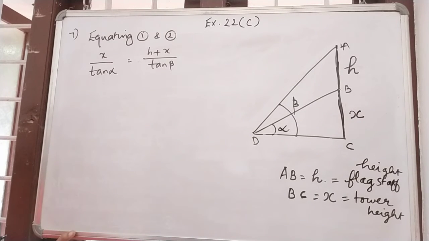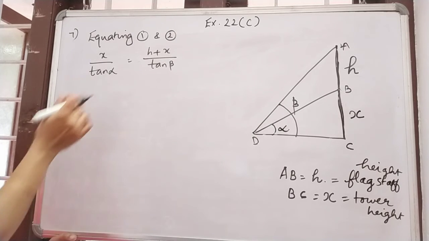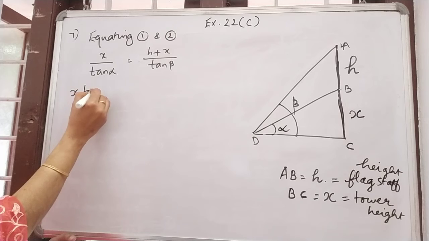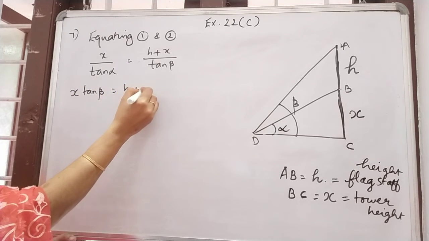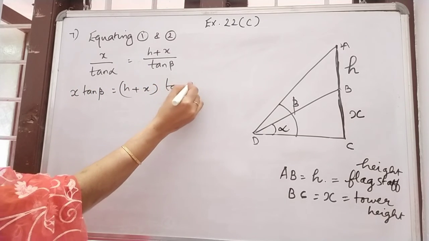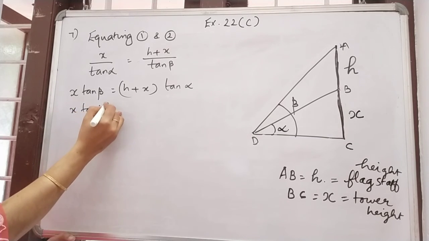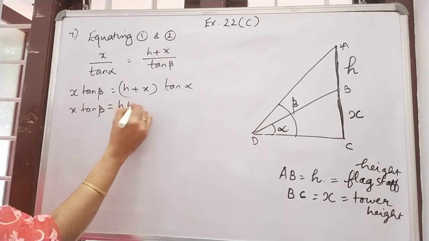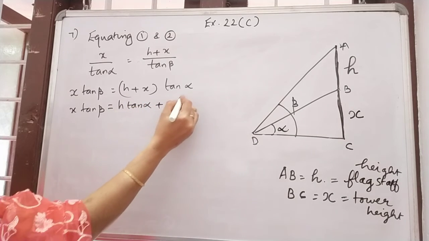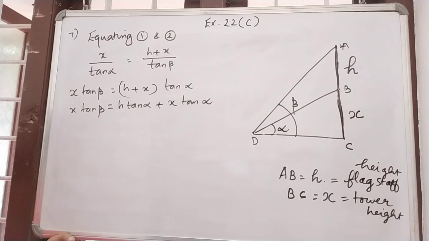So equating equation 1 and equation 2, x divided by tan alpha is equal to h plus x divided by tan beta. Cross multiplying, x tan beta is equal to h plus x into tan alpha. Opening the brackets, x tan beta is equal to h tan alpha plus x tan alpha.